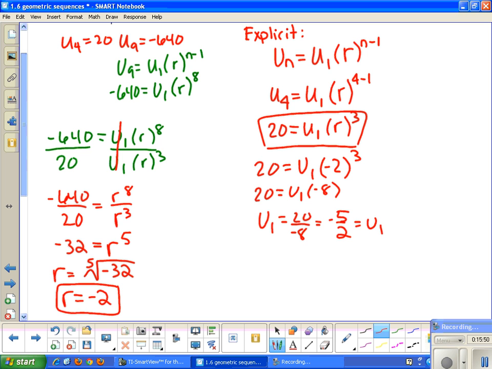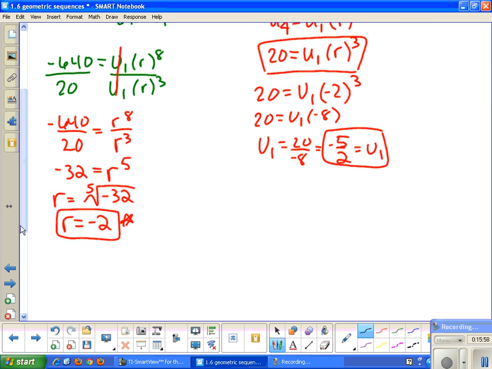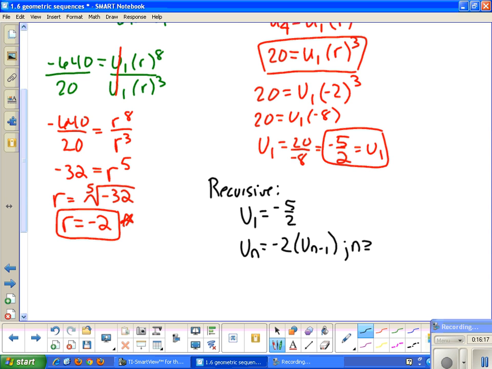So I have my first term and I have my common ratio, so now I can write my two formulas. My recursive formula would be my first term, which is -5/2, and the formula for the nth term would be equal to my common ratio, -2, times my previous term, for values of n greater than or equal to 2.